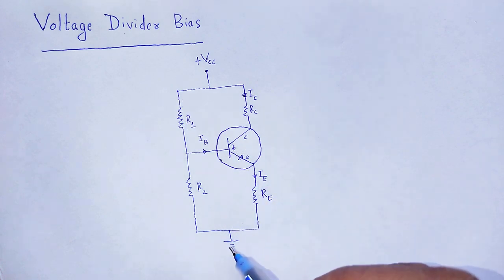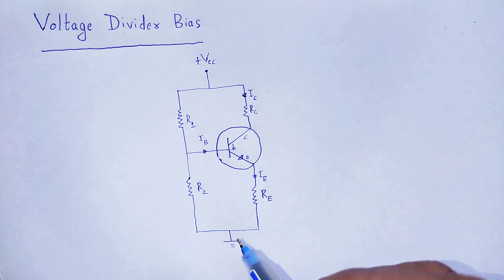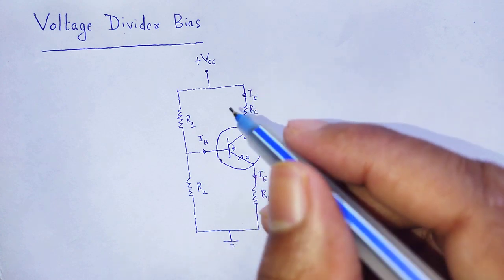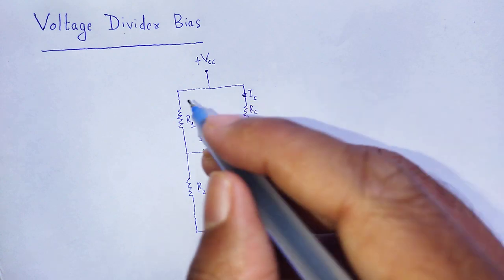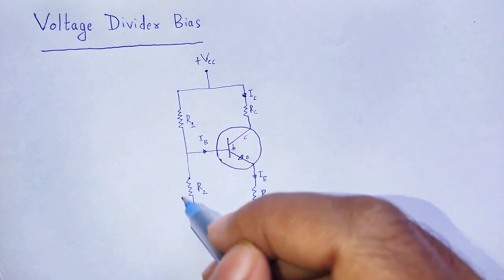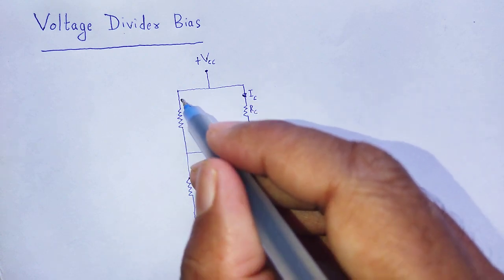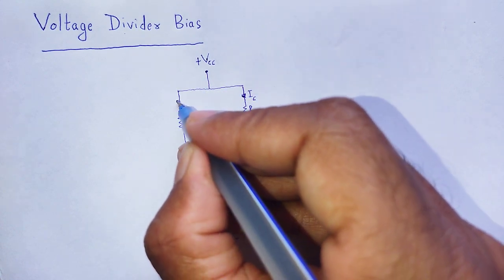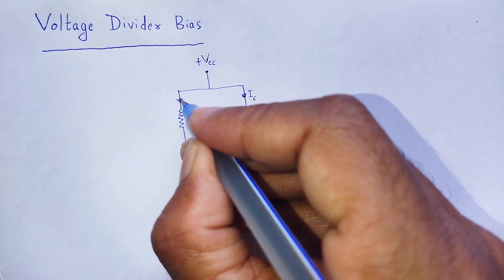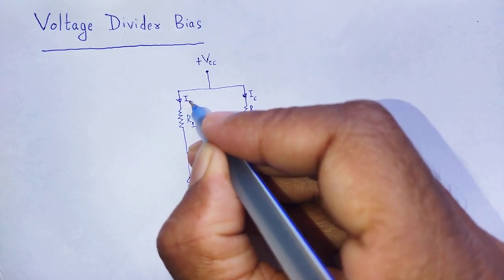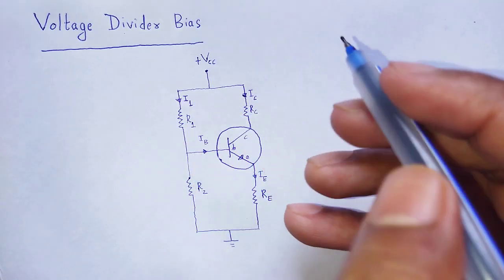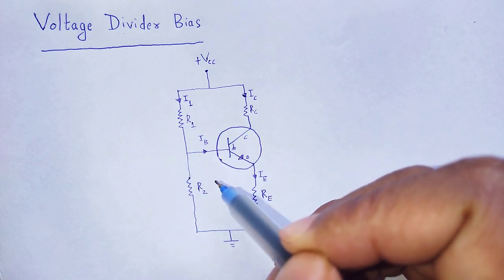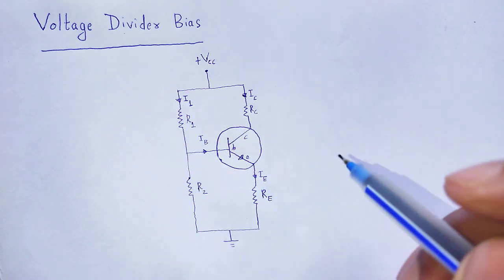This end is grounded. We can take the current flow along through R1 and R2 and I1 be the current along that circuit.